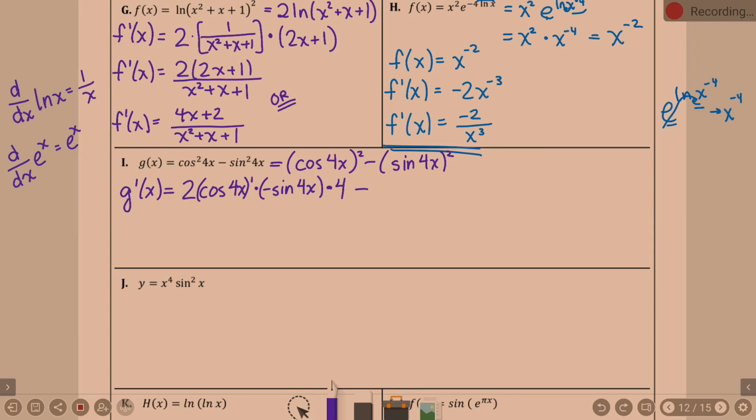Something raised to the second power, we do what? 2 times sine of 4x, technically raised to the first power. Now we're doing the derivative of sine of something, which is negative cosine, or it's minus sine 4x squared.